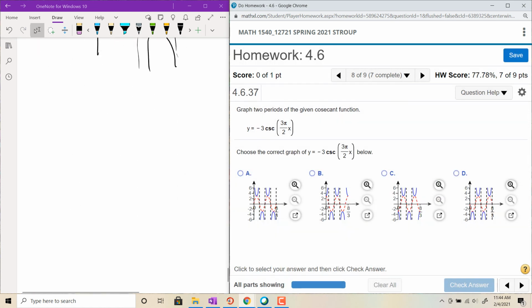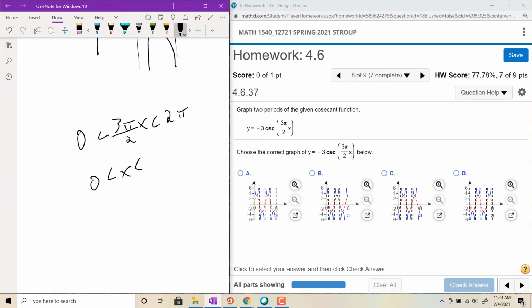Okay. This one's flipped, right? So we got 3 pi over 2 x between 0 and 2 pi. Multiply by 2 over 3 pi. And you get 0 less than x less than 2 pi over 1 times 2 over 3 pi. The pi's cancel. You get 4/3. Okay, so I need to divide that into 4 parts.